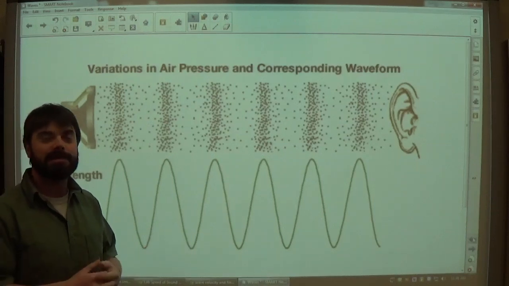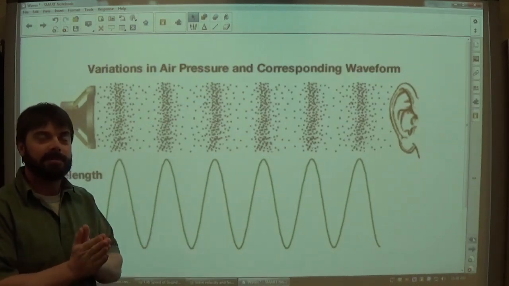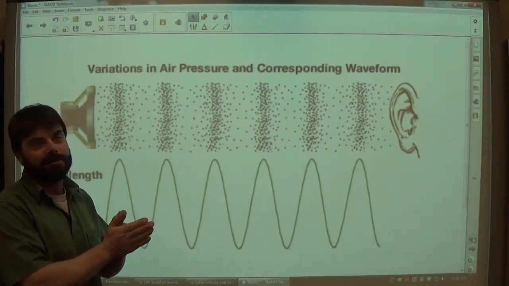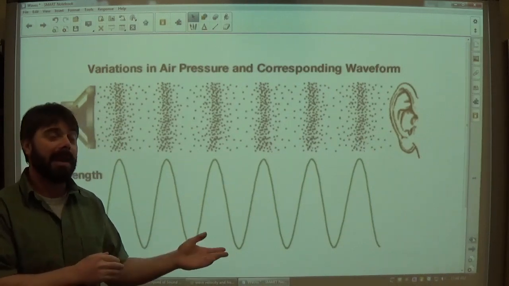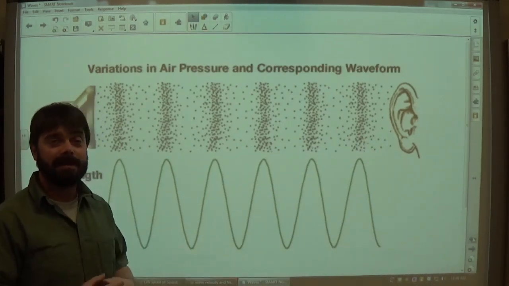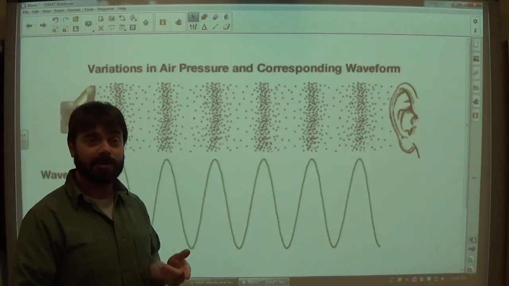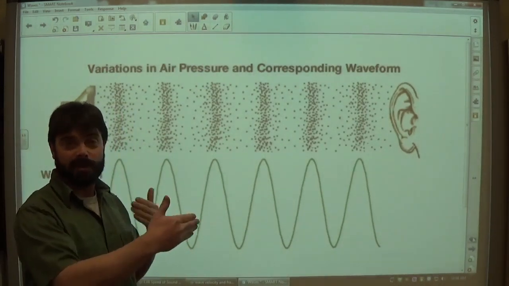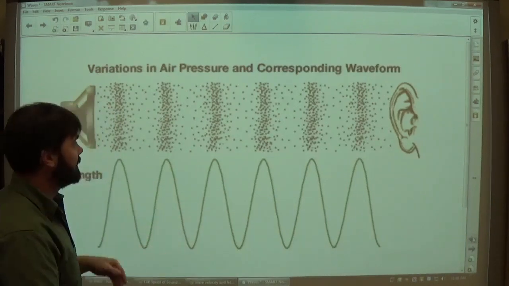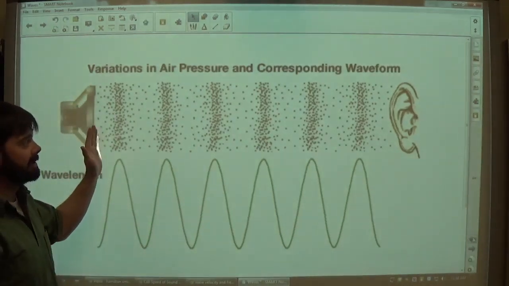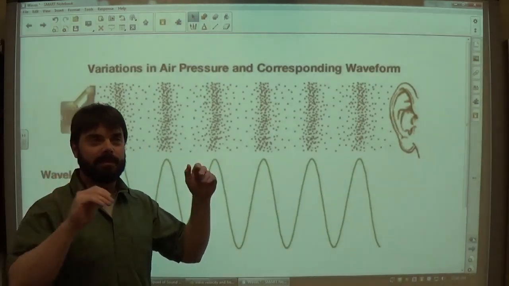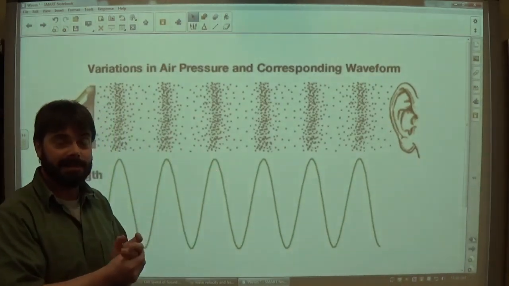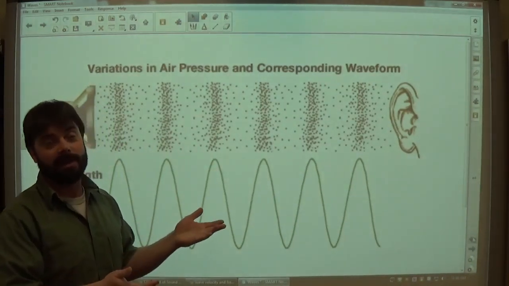Looking back at the notes, we did mention that there's a difference between mechanical waves and electromagnetic waves, and even in the category of mechanical waves, there are surface waves, seismic waves, and then compression waves or longitudinal waves. So the major difference is the direction that the particles move relative to the velocity, or direction of the actual wave.